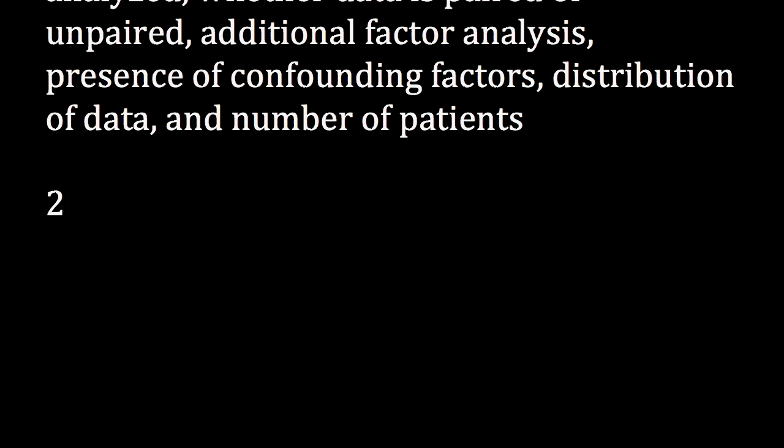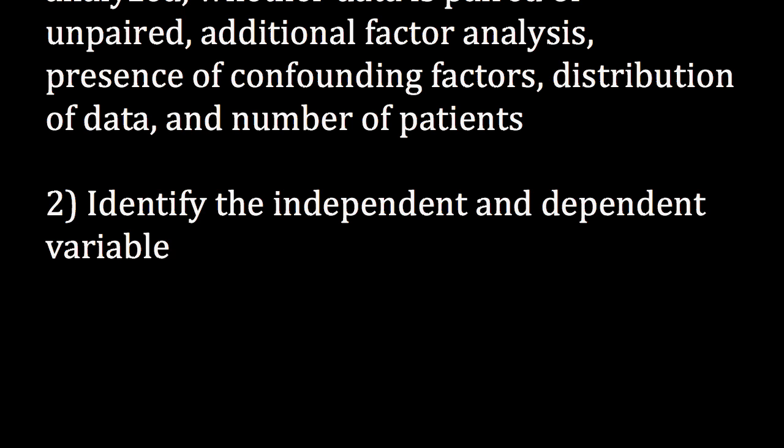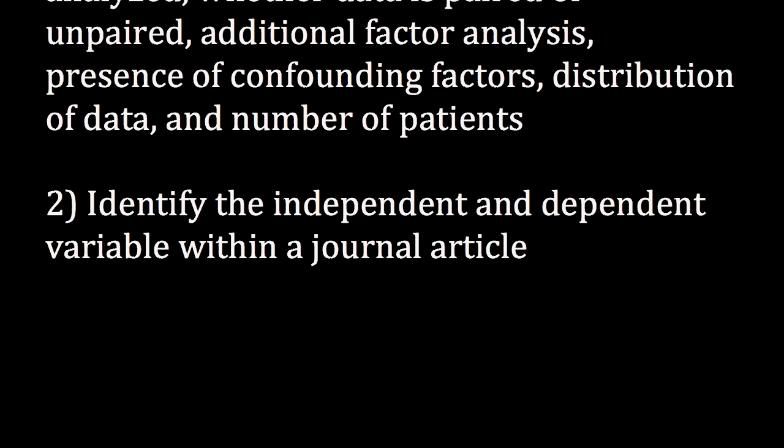Our second objective is to identify the independent and dependent variable within a journal article. The independent variable is going to be the variable that affects the outcome.